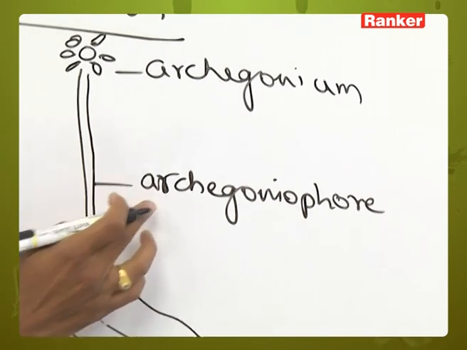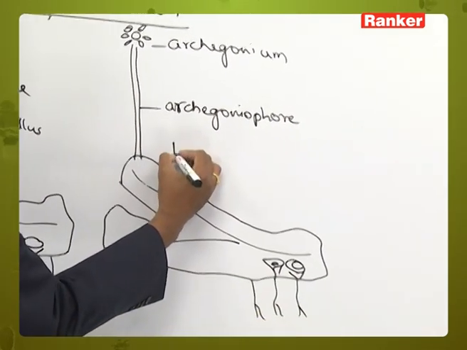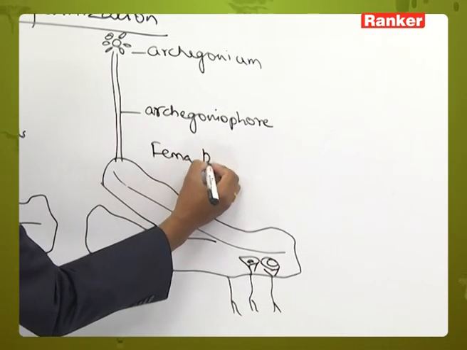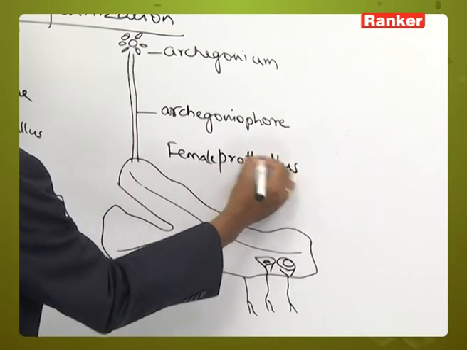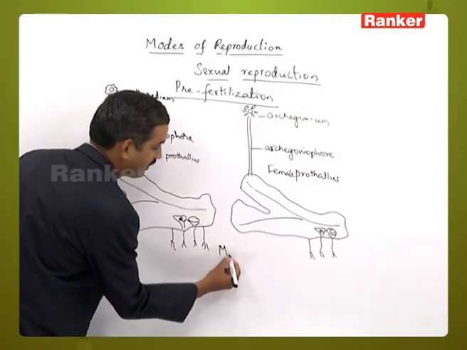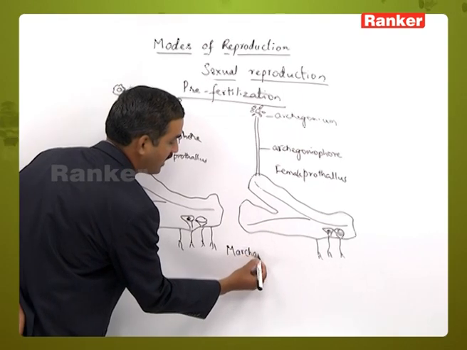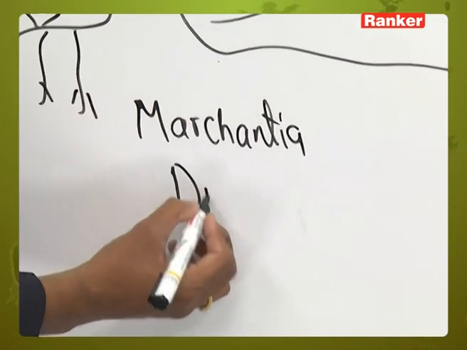Here, as the archegonium is a female sex organ, we call this the female prothallus. So this Marchantia, which is a bryophyte, is an example for dioecious condition.